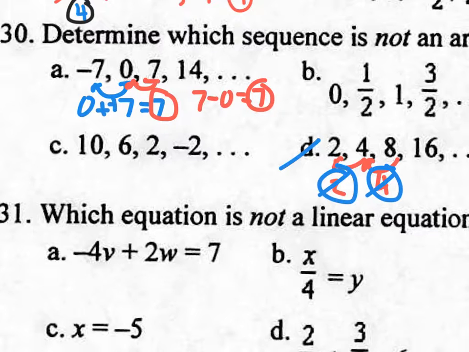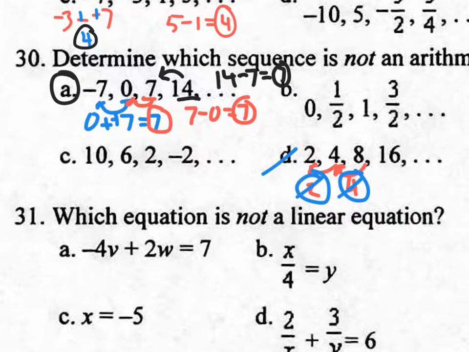Okay, because if this last one is not 7, then it's not an arithmetic sequence, it's something else. However, we do see that when you go 14, take away this 7 right here, it really does give you 7 also. So the common difference is 7, and there is a common difference between all terms, so that makes it arithmetic.